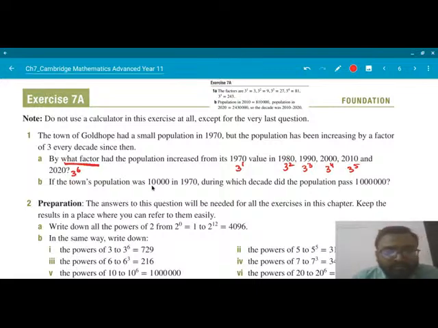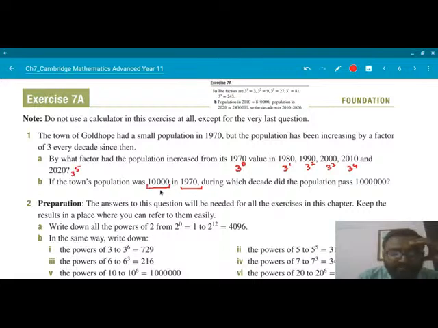And the town population is 10,000 in 1970. So in 2010, previously we have to take the factors, this is 3 power 0, then 3 power 1, 3 power 2, 3 power 3, 3 power 4, and 3 power 5.